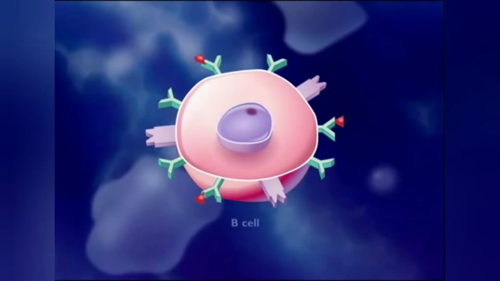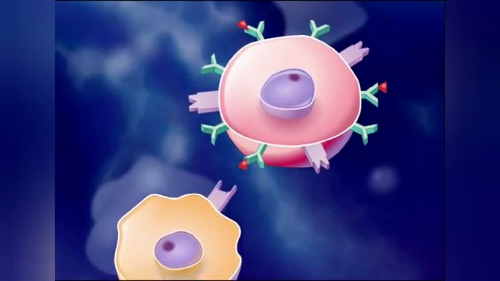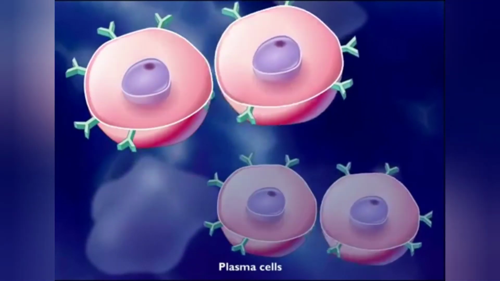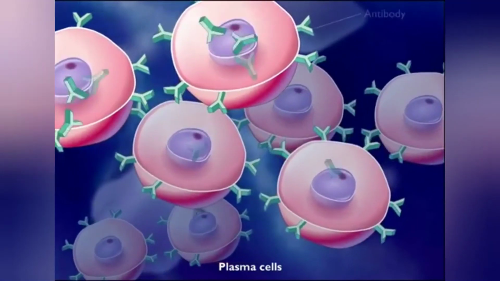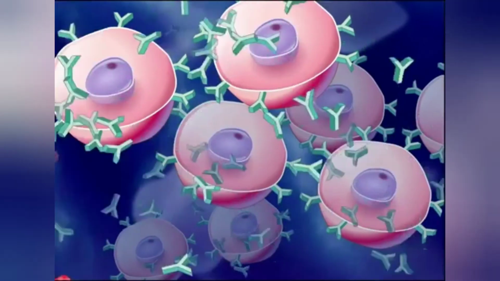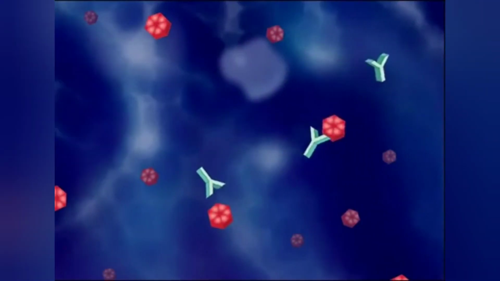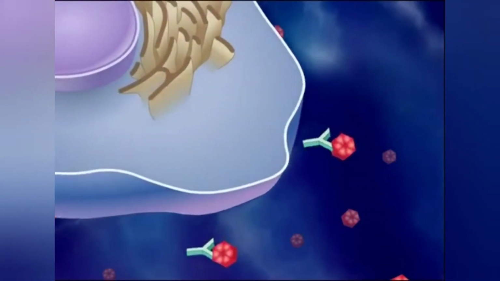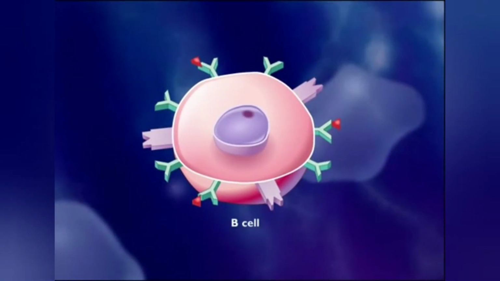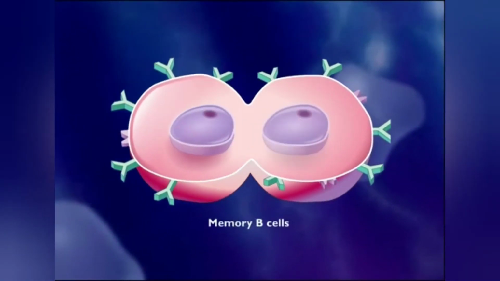Similarly, B cells in the humoral response will be identified by the T helper cells and start dividing and differentiating into plasma cells which will produce antibodies in the blood. These antibodies will bind to the antigen engulfed by the macrophages and will represent the antigen.